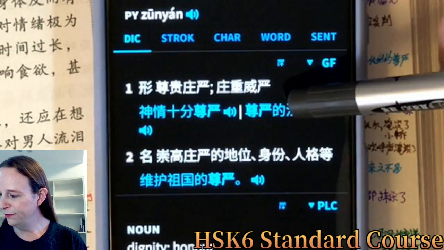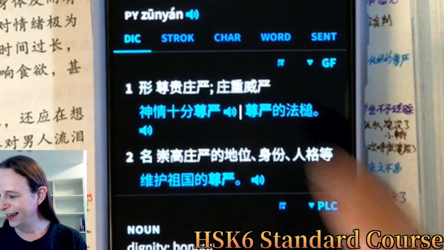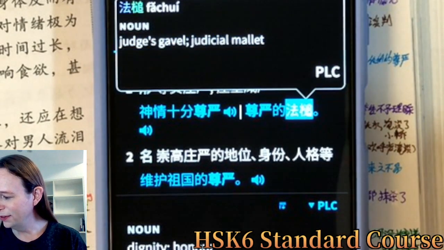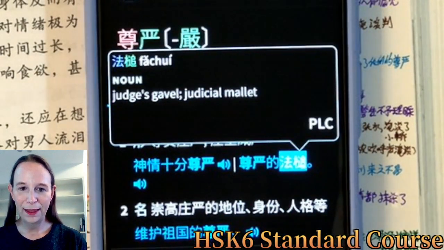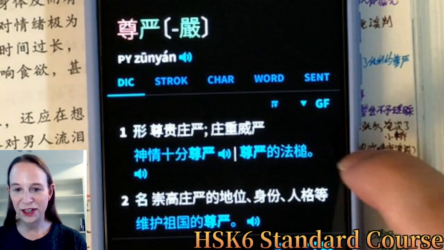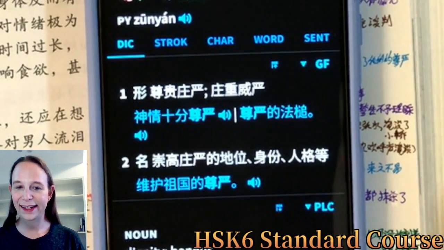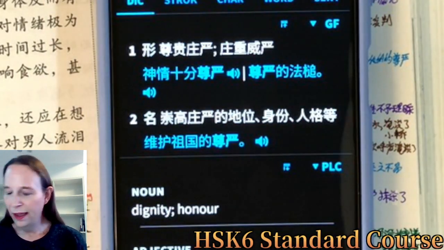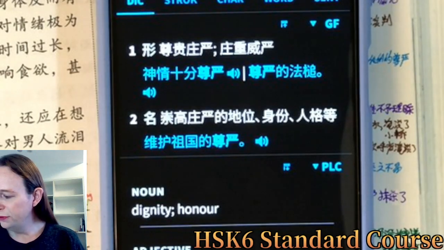尊严的, the coffin, is it? Gavel, tree. Okay, I don't know that. So it can function as an adjective as well. I've only ever encountered it as a noun. 崇高庄严的地位、身份、人格.